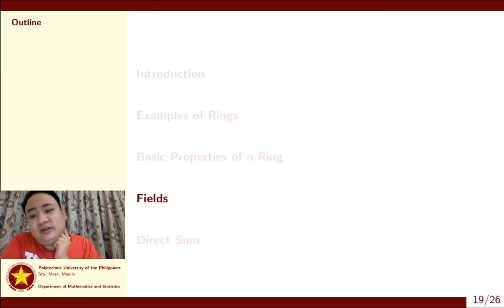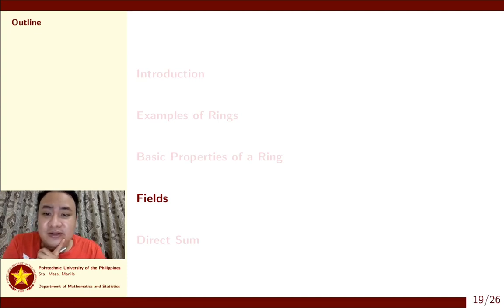Alright, let's now talk about fields. Again, i-recall natin. Hindi required ang multiplication ay commutative, pero kung commutative man, what do you call this? Commutative ring ang tawag. Hindi rin required na ang multiplication ay may identity, pero hindi pinagbabawal.